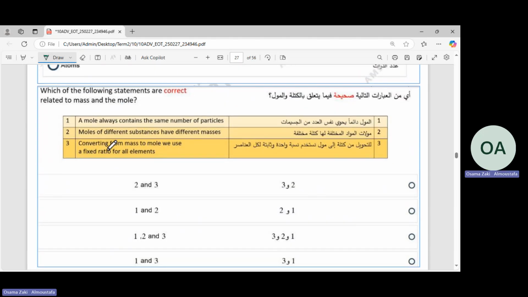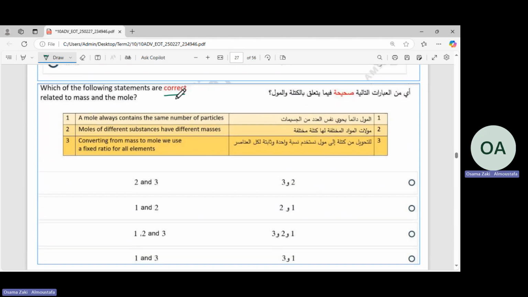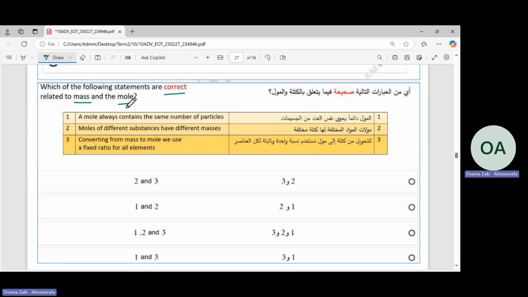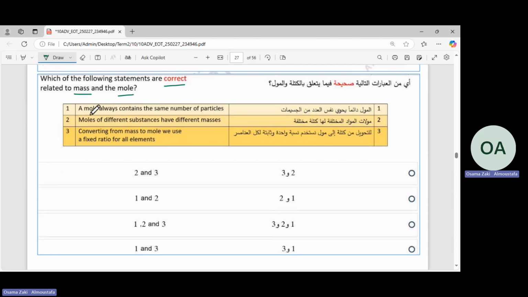Which of the following statements is correct about the relation between mass and mole? A mole always contains the same number of particles. Yes, a mole of any substance contains the same number, which is 6.02 times 10 to the power 23 particles, the Avogadro number. So this is correct.